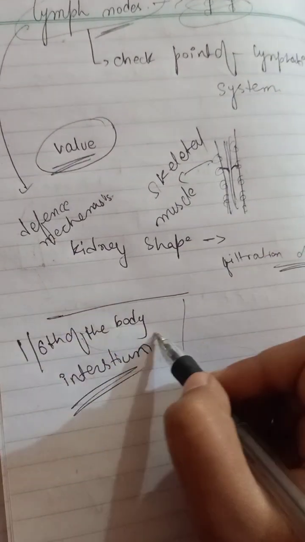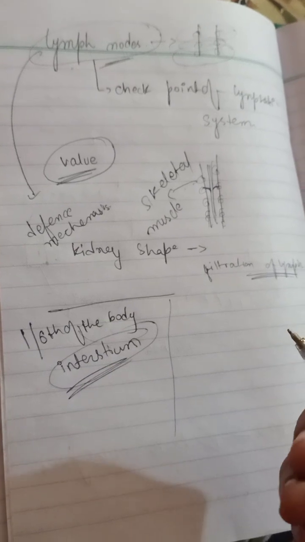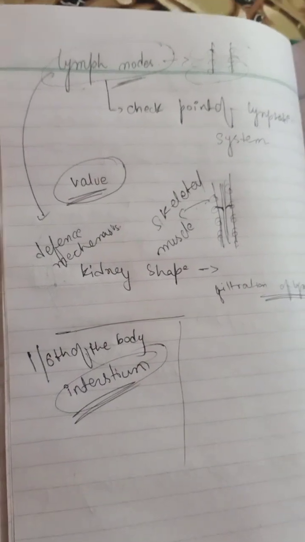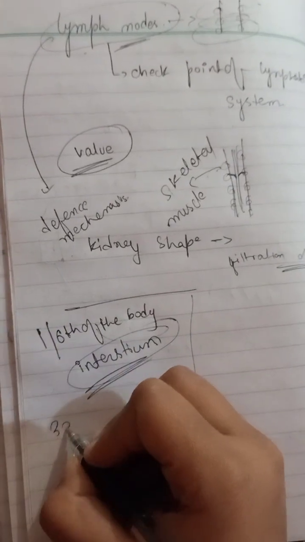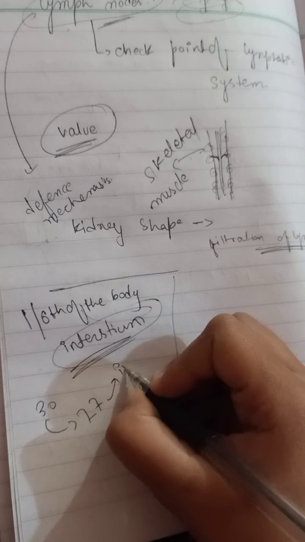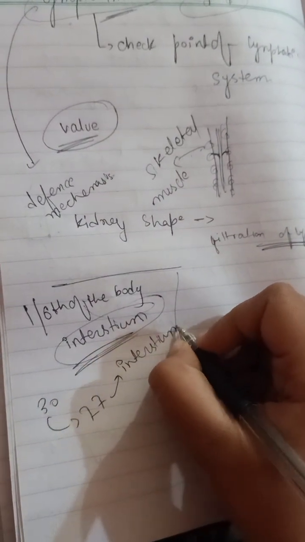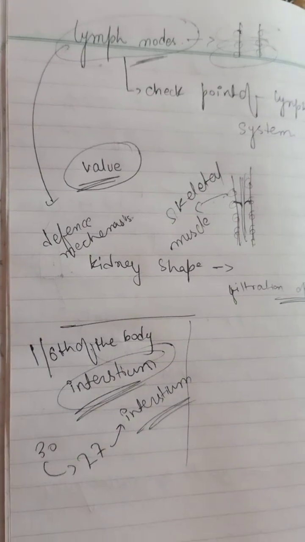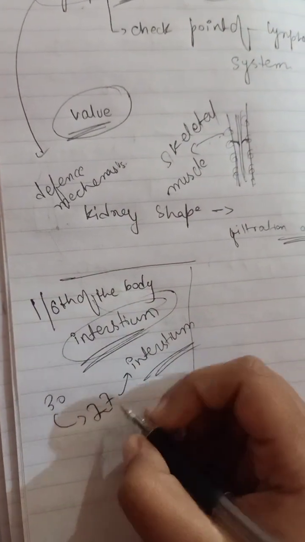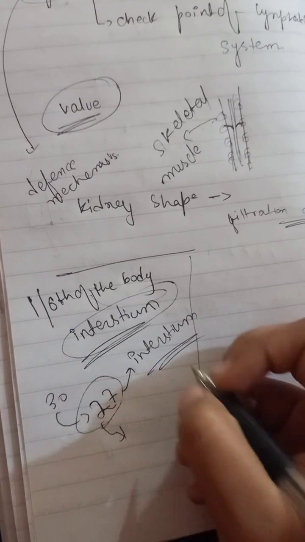So 30 liters of plasma pass through the blood capillaries for the exchange of material like gases, and of that, 27 liters come into the interstitium, where the interstitial fluid is.